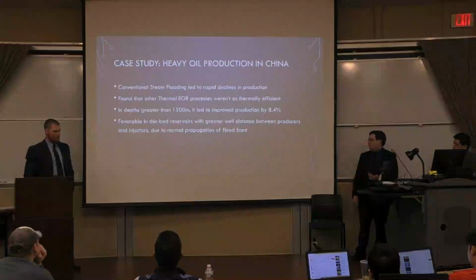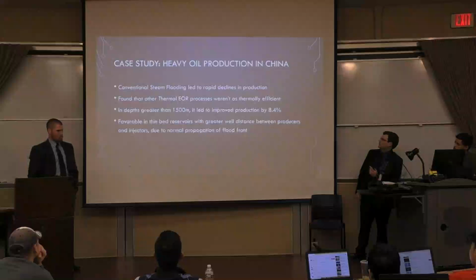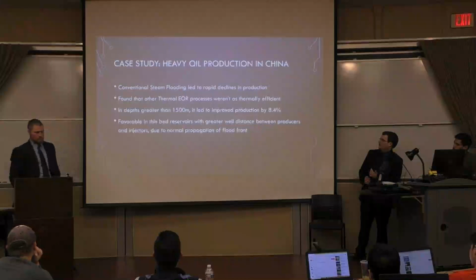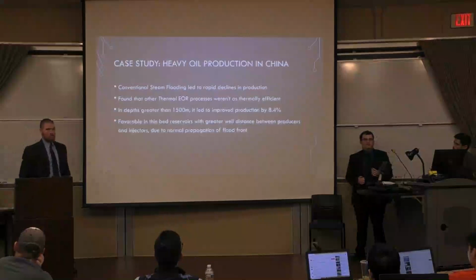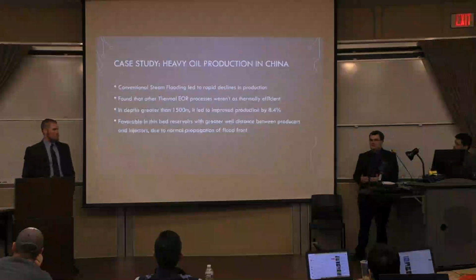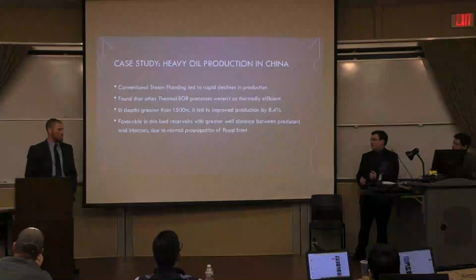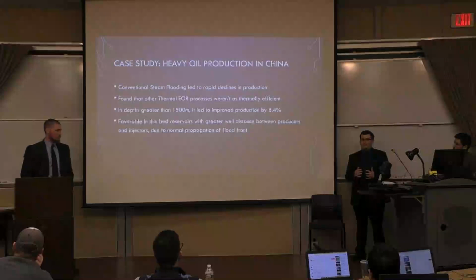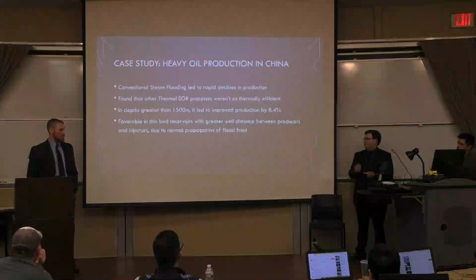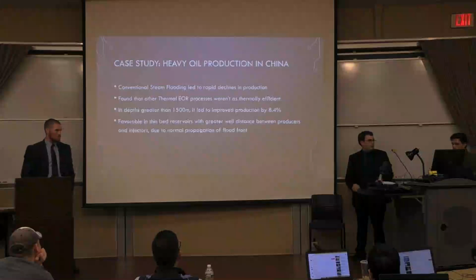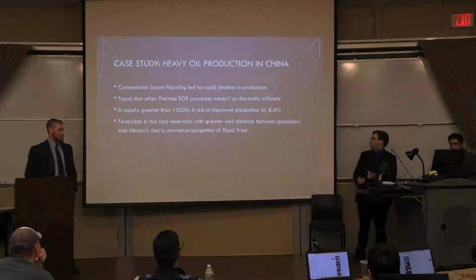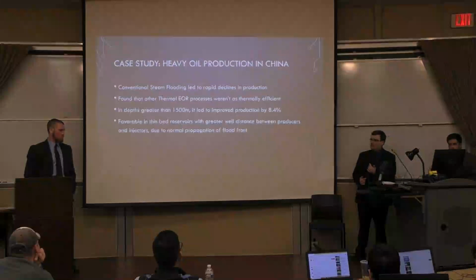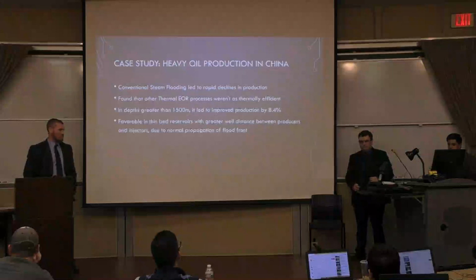The main case study that I was looking at was a review of the oil production in China for this process. They tried to use steam flooding in China, and they encountered so many problems with losing heat transporting steam to the reservoir. There were rapid declines in production very quickly, and that just wasn't economical for them.